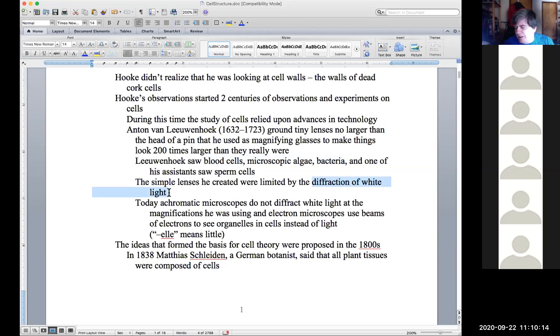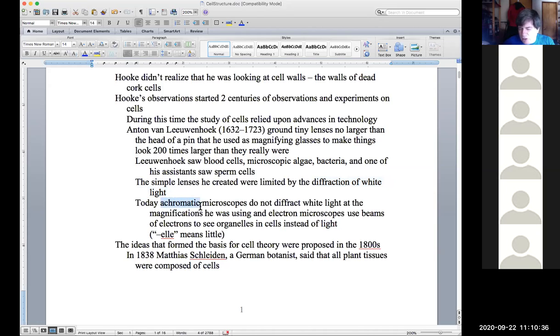Sometimes we abbreviate it as ROYGBIV: red, orange, yellow, green, blue, indigo, violet. When you start to magnify things too much, light starts to separate. It diffracts into all these colors. And when that happens, you can't see anything through your magnifying glass.